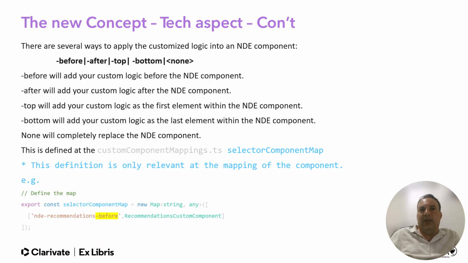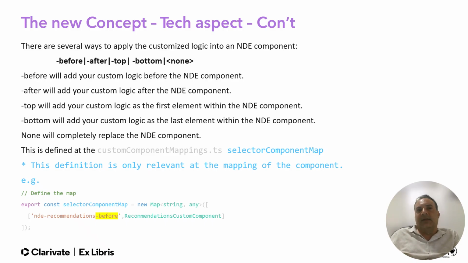After will add your custom logic after the NDE component. Top will add your custom logic as the first element within the NDE component. And bottom will add your custom logic as the last element within the NDE component. None will completely replace the NDE component.